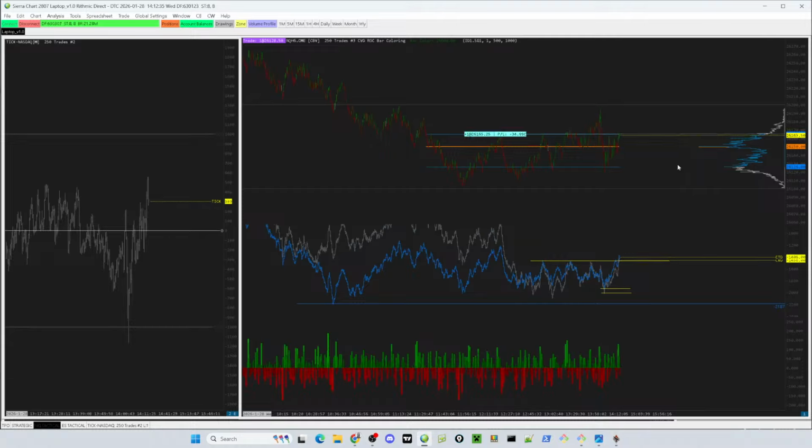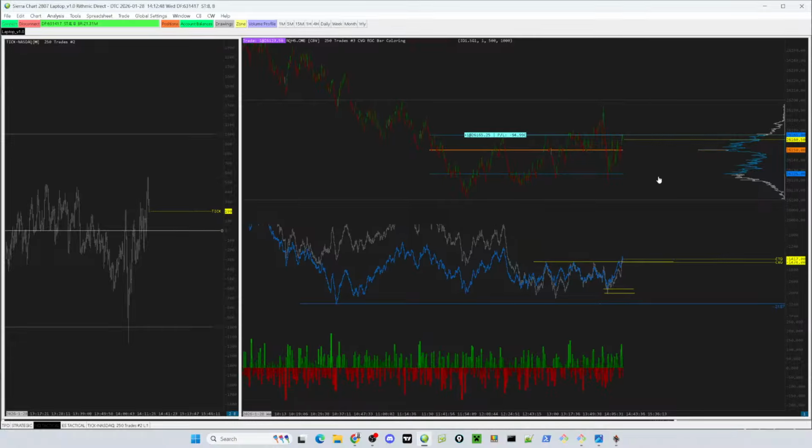Let's try one long here, just because things are starting to... We've got alignment with kind of order flow and tick. I don't mind trying it.